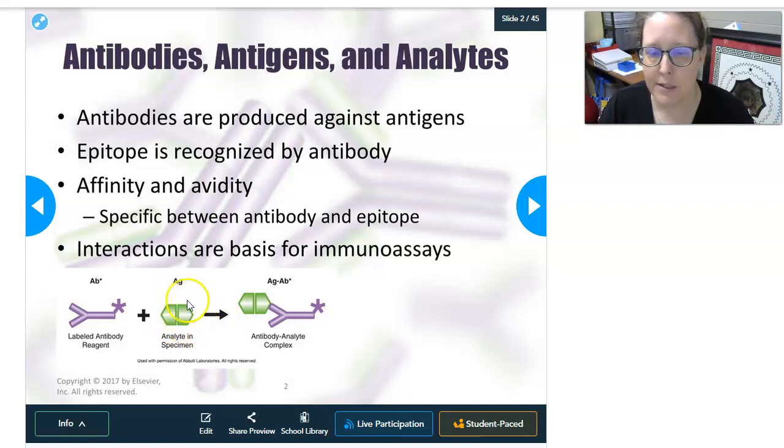And if this hormone or this drug is present, then it will interact with the antibody, and you would get an antibody analyte complex that is labeled and therefore will react with a color change, a fluorescent light or something like that. That can be detected, and then of course the higher the signal, usually the more of the analyte in the specimen.